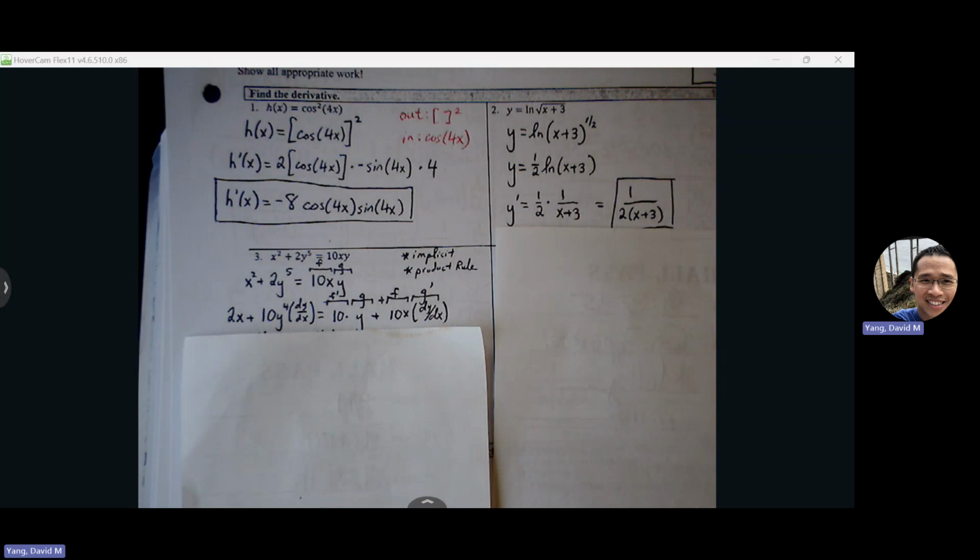On number 4, you have to simplify the x squared and the x cubed. Yeah, you have to reduce it. I'll prefer that you reduce it if it's relatively reasonable.